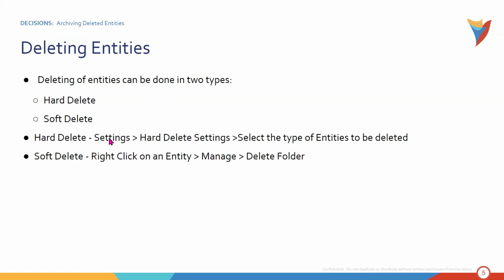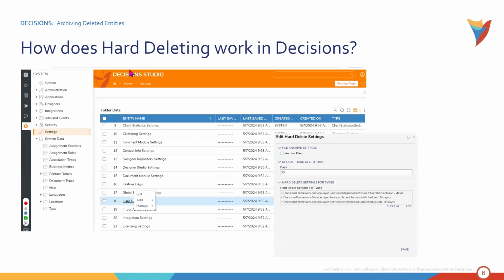So for the hard delete, we need to change the settings. And for the soft delete, we just need to right click on any entity, click on manage, and click on delete folder. Let us see how hard deleting works in decisions. We have to navigate to System, Settings, scroll down to find Hard Delete Settings, and right-click on that to edit it.